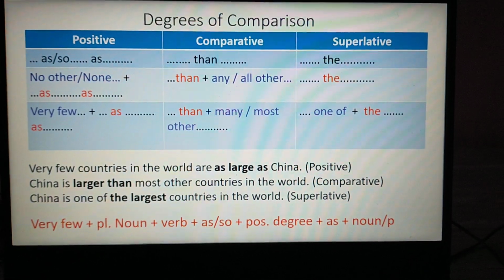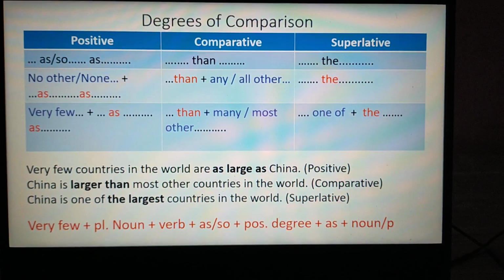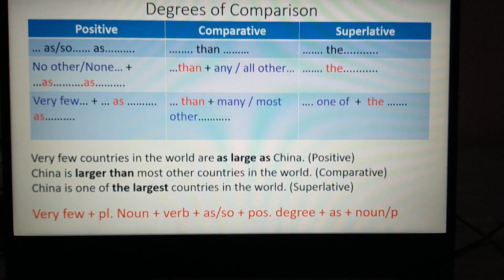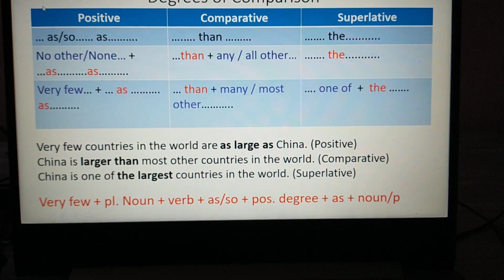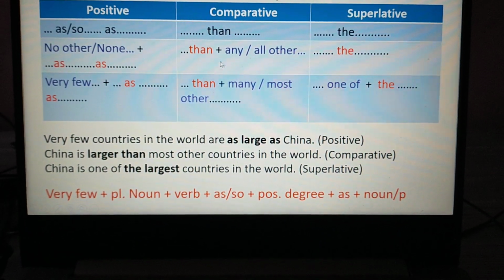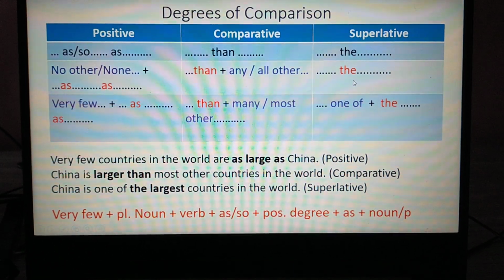So students, with the help of this table, it's very simple that you should not get confused when to use no other or when to use very few. Just learn this. This is type 1, no other, none. Then it's any or all other, and just the in the superlative degree.